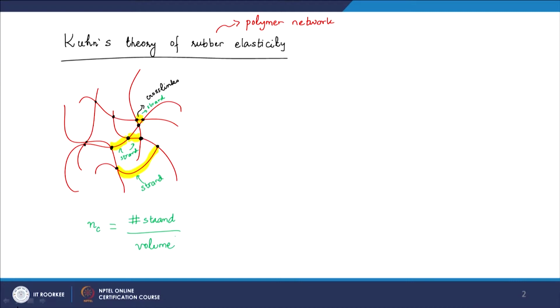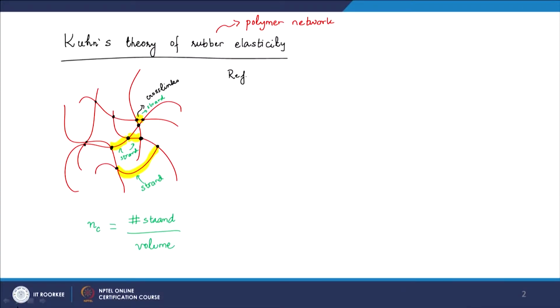Okay. So, if I now look at the free energy of this particular network, one point to start with is we can assume that each of these strands is an ideal chain itself. That may not necessarily be the case, but this is at least a good starting point. So, we can define a reference configuration that is completely theoretical in nature, that is just a reference.